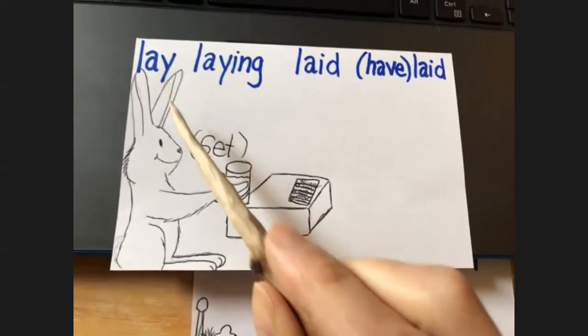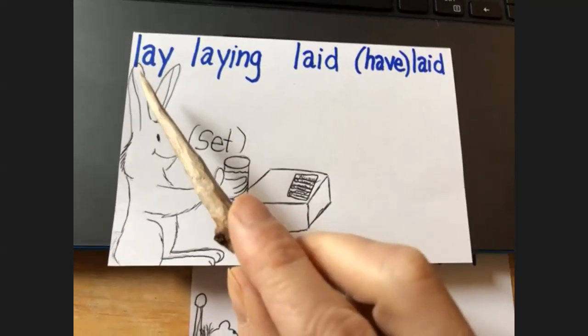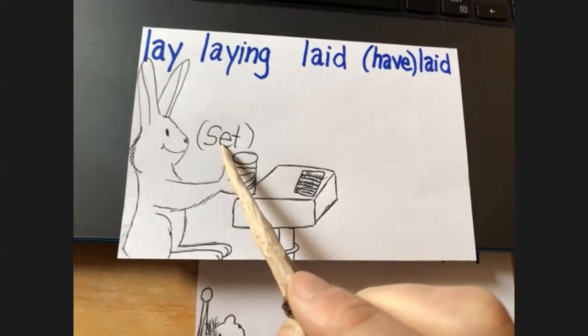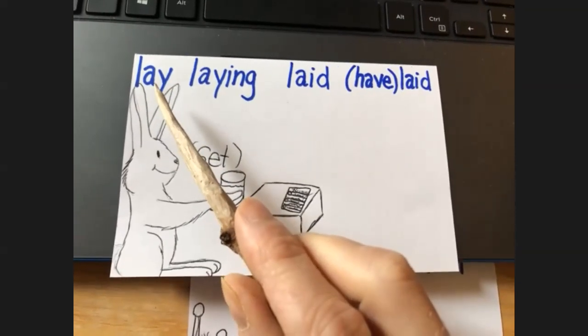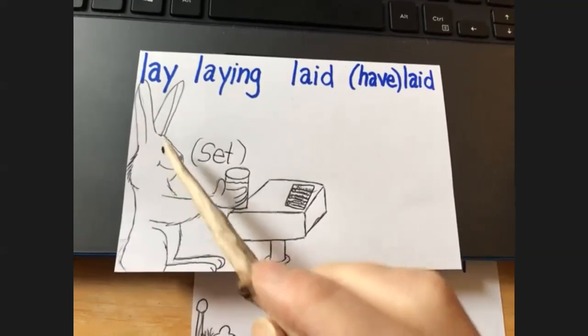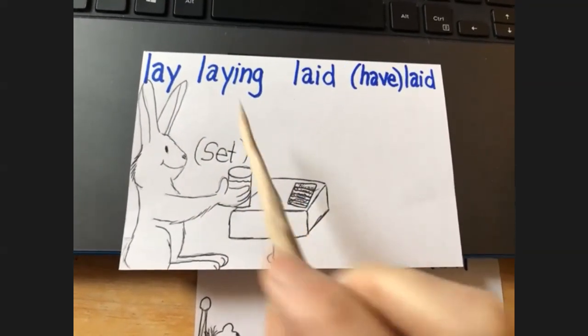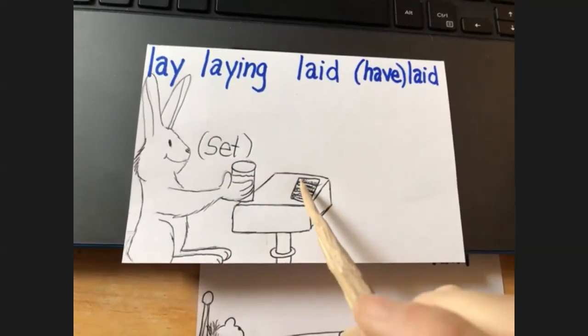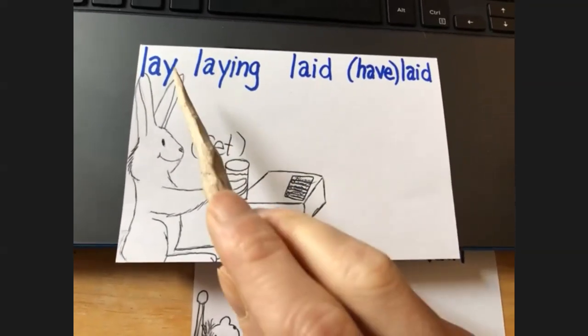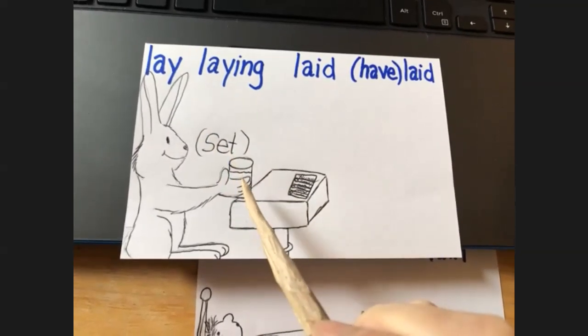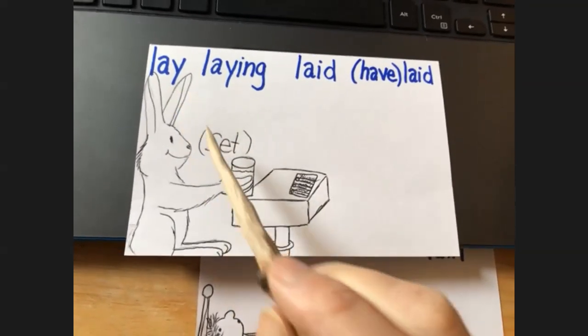The word's very close, even though not exact. It's close. So our boomer bunny here, right, can lay the homework on the table, or he's going to set the cup on the table, which is very similar to lay.